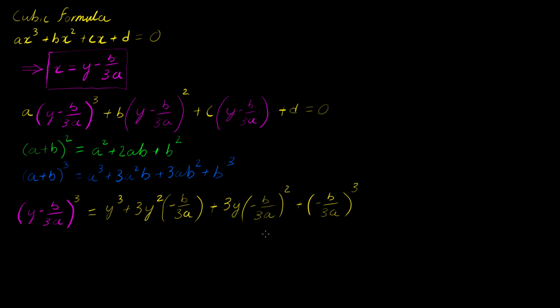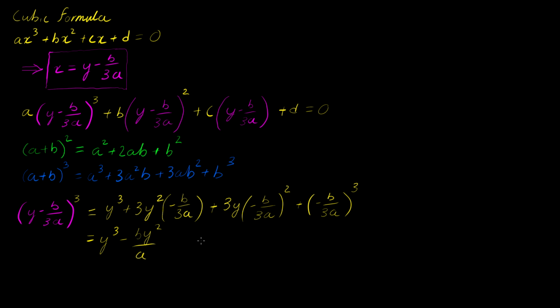Right, now let us continue multiplying this out. So what are we going to have here? We're going to have y cubed minus, since a positive times a negative gives a negative, we get minus by squared over a. As you can see, the 3's will just cancel.